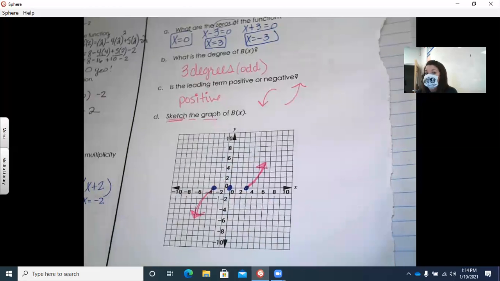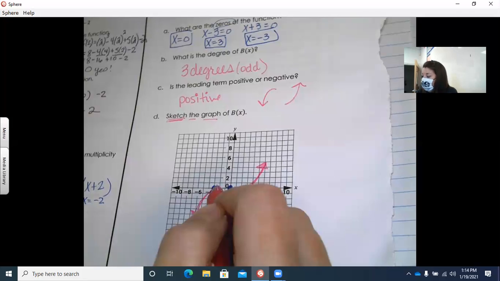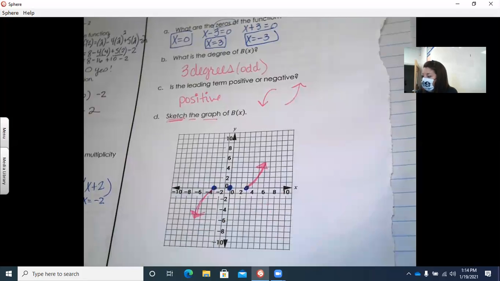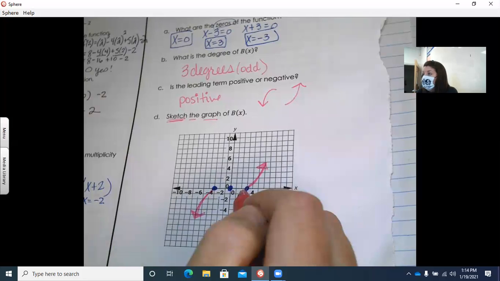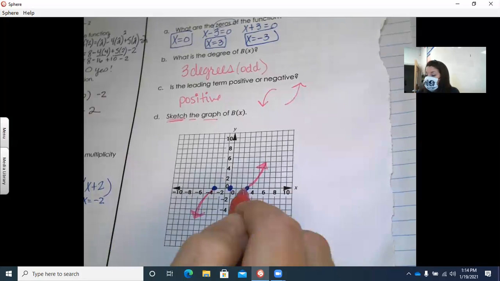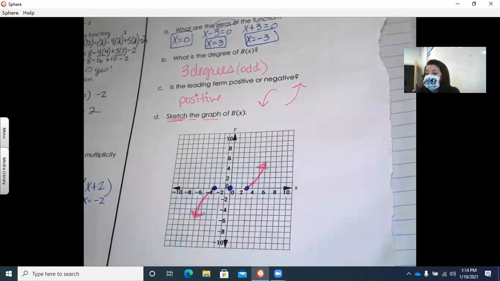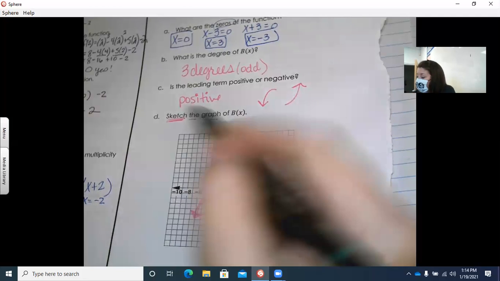All right. Here's the part that confuses kids. Well, how do we know what to draw in the middle? Well, if we read a graph from left to right, it's not going to come up and then go straight across to this point, straight across to this point, right? We know it only crosses the x-axis at these 3 points. So the middle part is a total sketch. Unless you do some more math, I don't know if between this point and this point it goes way up high or it barely goes up.